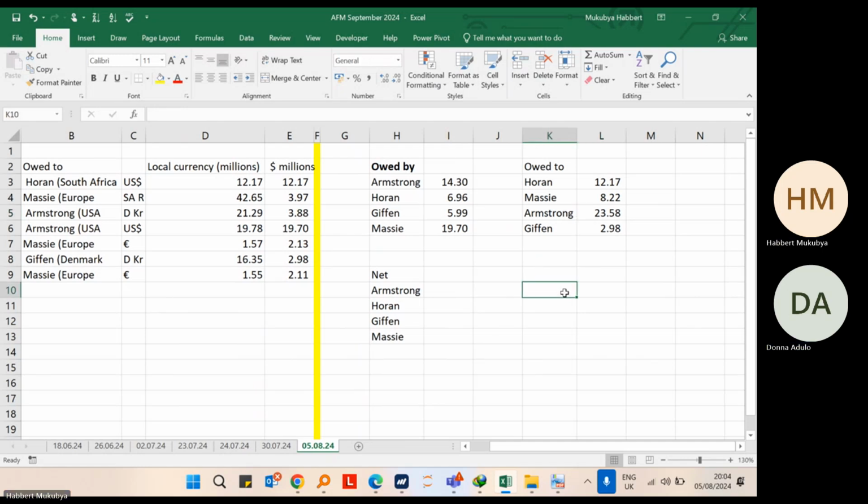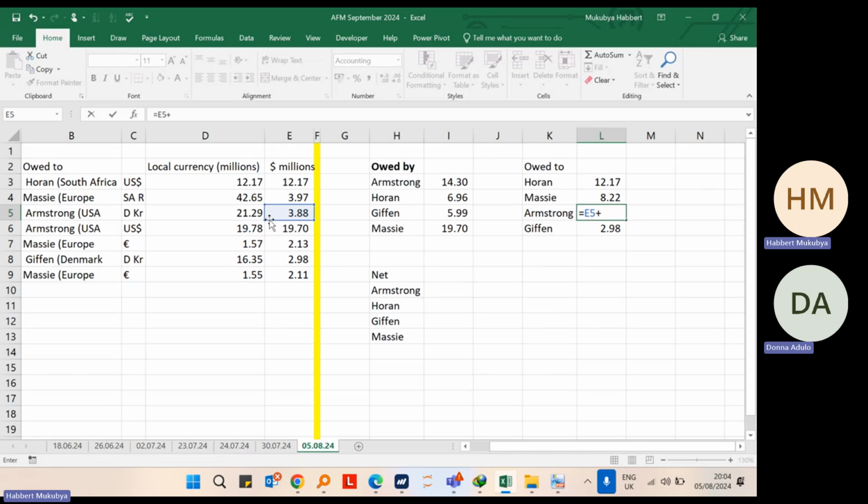Yes. Also for Armstrong, isn't it there's this 3.88, then there's the 19.78? No, we are taking dollars. Oh, this was 7.8. Yes. So 23.66.